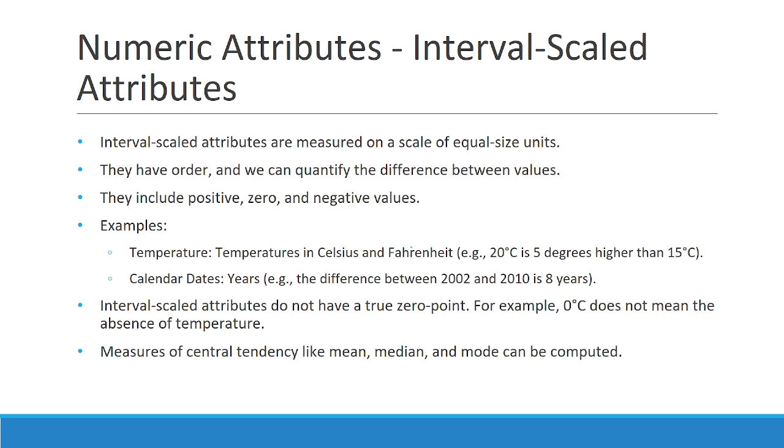So these interval scale attributes are type of numeric attribute that allows for the measurement of quantity, where if you perform any arithmetic operation on it, that arithmetic operation will be meaningful. Means if you add two numeric attributes, the value that you will get will be some meaningful value.